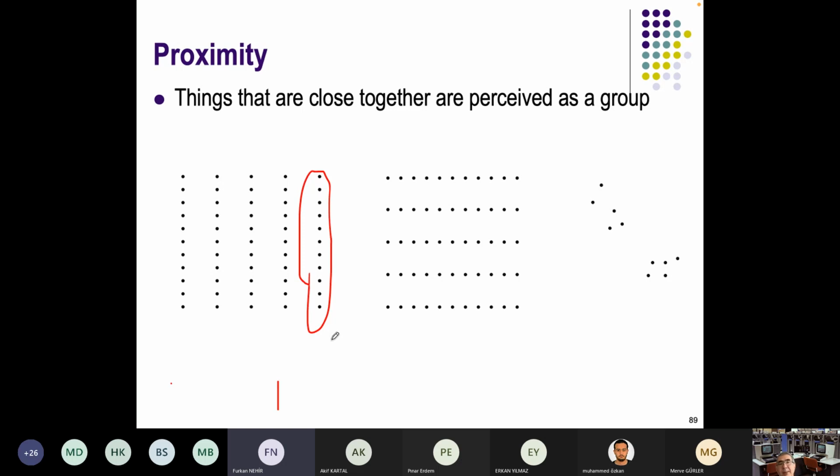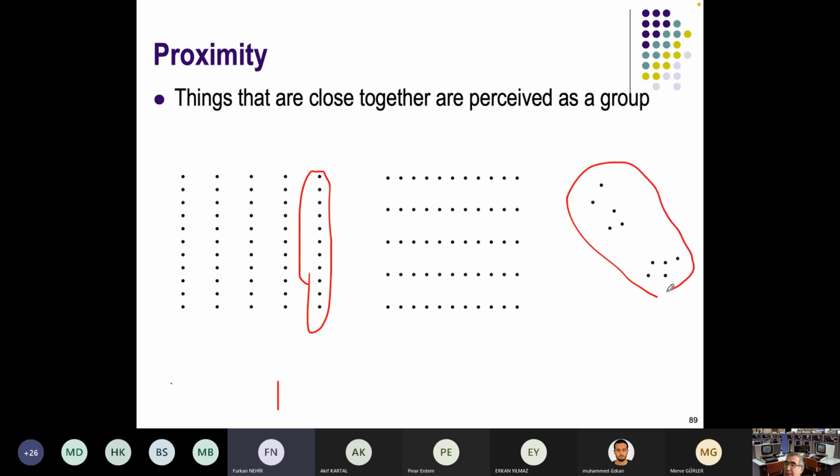So when you are placing things on screen and making a design, things that are close to each other are usually perceived as related. For example, the one on the right, they are perceived as 2 different groups, 2 different sections, because there is a proximity issue.